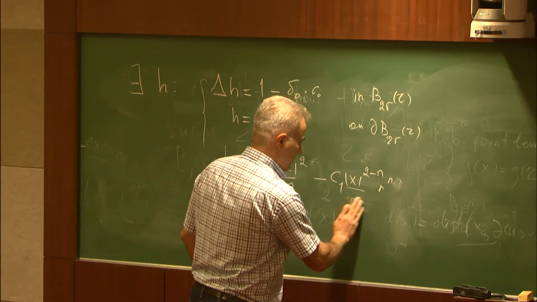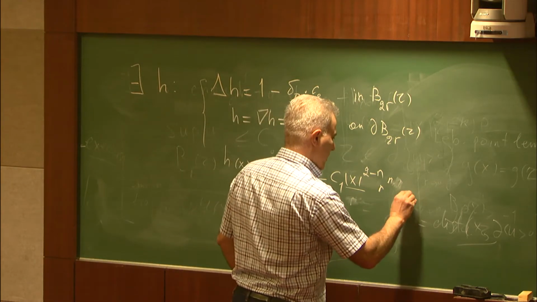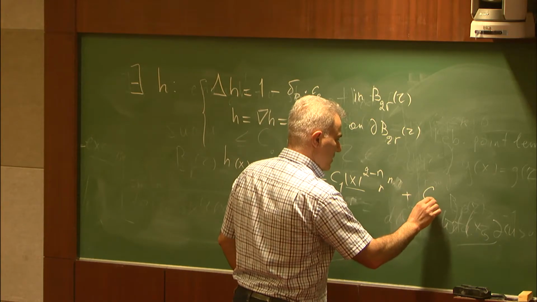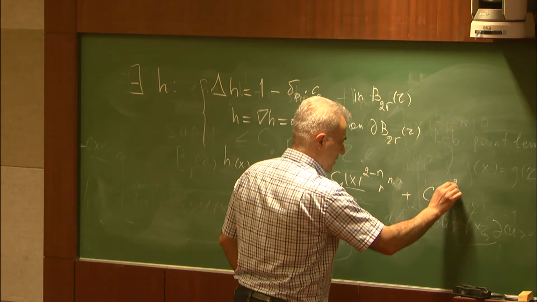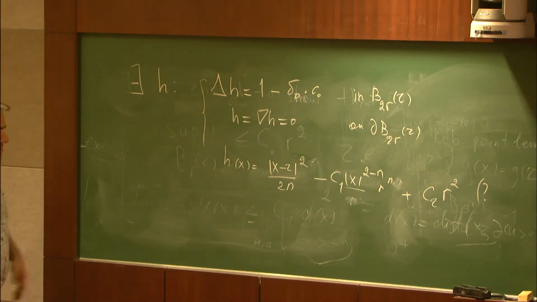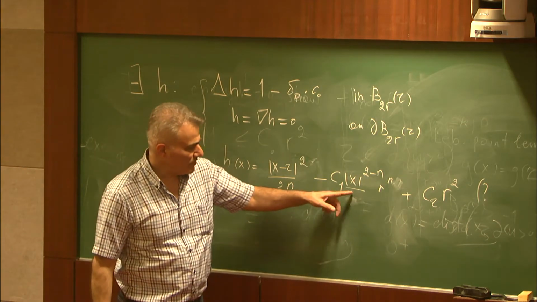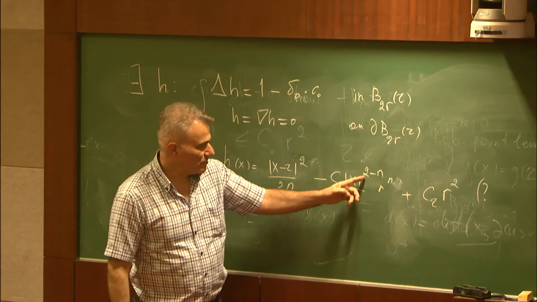Something like this. And then plus the constant c, and r to the power 2, I guess. Yeah, I think it's 2. Because this will be 0 on the boundary, so they all have to have the same r.